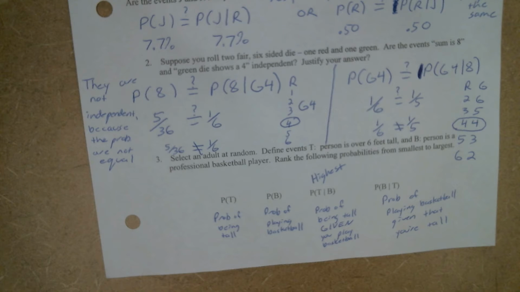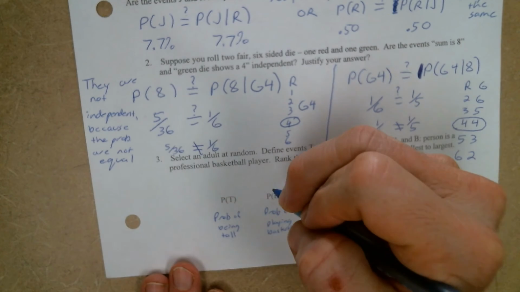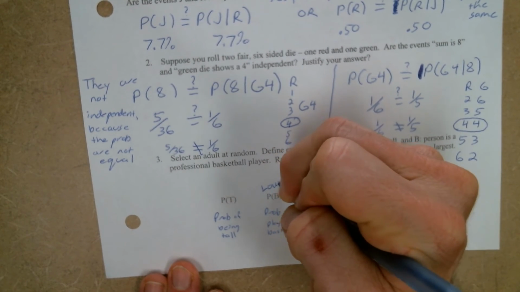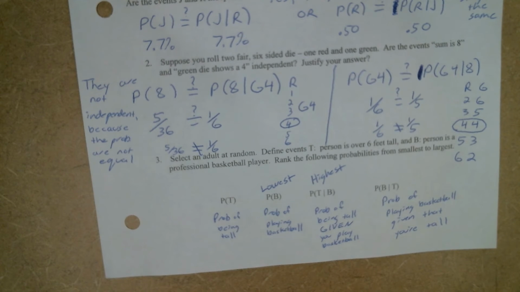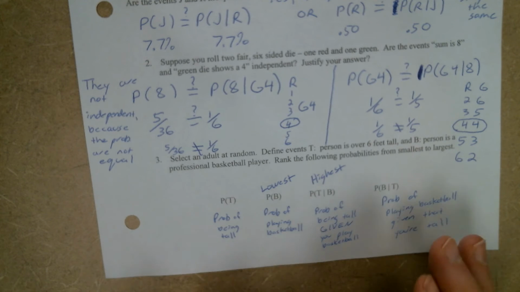I would say the lowest probability is just playing professional basketball. It's pretty rare to play professional basketball. Not that many people on each team, not that many teams. So not that many professional basketball players. Now that leaves us with these two right here.